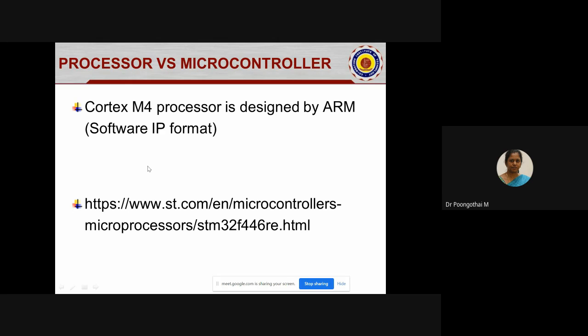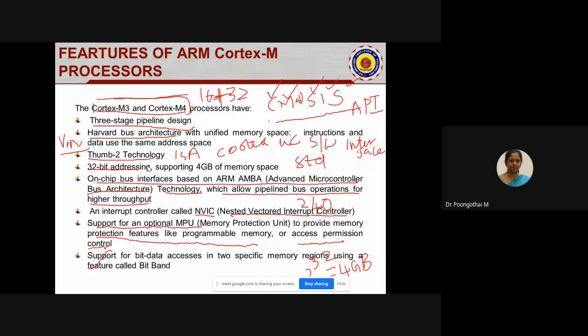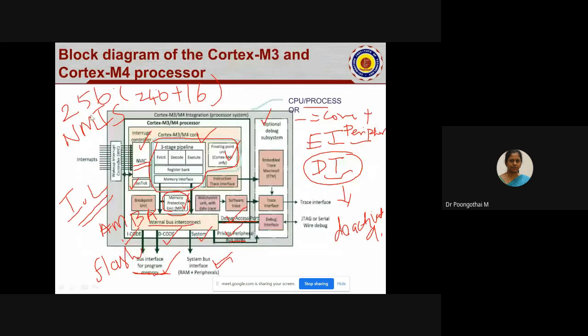How do you differentiate that? In microcontroller, we have all the components embedded in it, whereas in processor, we have to externally add them. This complete processor is already available, so why don't we call it a processor? This entire thing is available along with core and all peripherals.